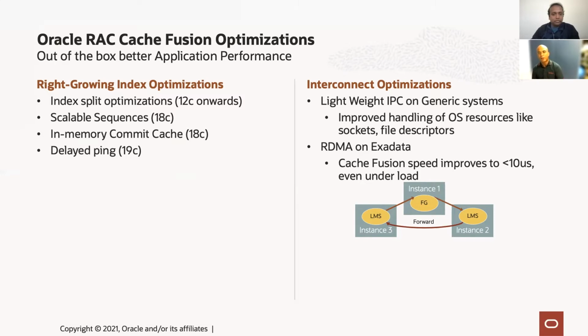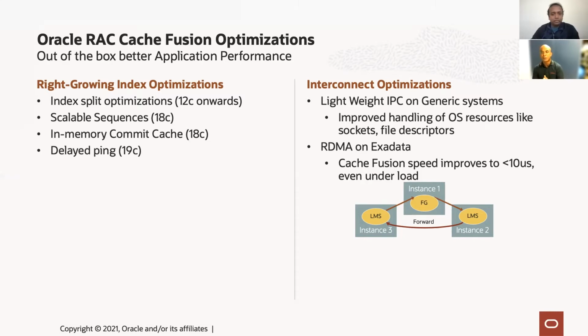At the same time, on the right-hand side, you can see that we have this interconnect optimizations where we reduce and improve the resources that we use when we access network resources via this lightweight IPC. So on generic systems, we have improved handling of operating system resources like sockets, file descriptors, etc. And obviously on Exadata, which is our engineered system, we have been able to benefit from RDMA.